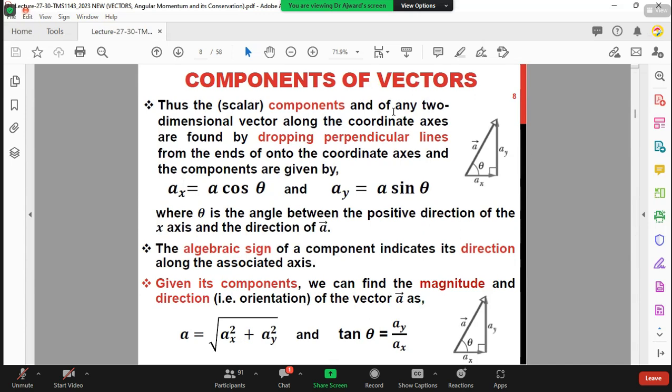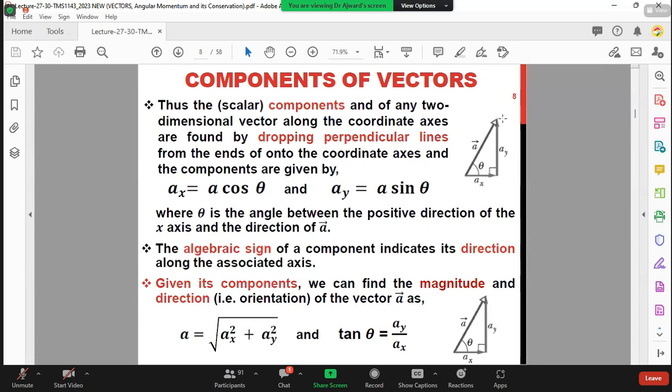The scalar components of any two-dimensional vector along the coordinate axes are found by dropping perpendicular lines from the ends of the vector onto the coordinate axes, and the components are given by this.